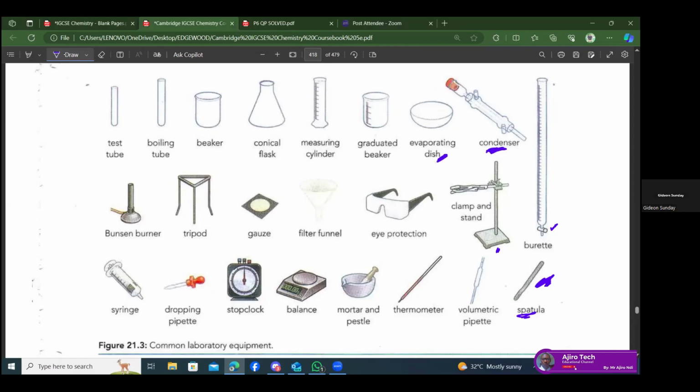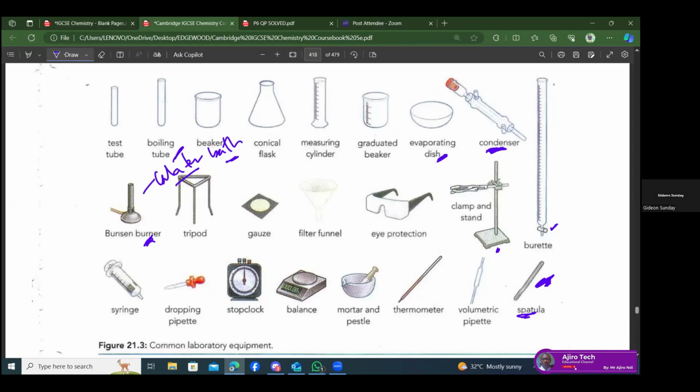We also have the boiling tube. We have the Bunsen burner, which is used to heat. But you could use a water bath for better controlled temperature. An upgraded version of the Bunsen burner is the thermostatic water bath. This will enable you to regulate temperature.